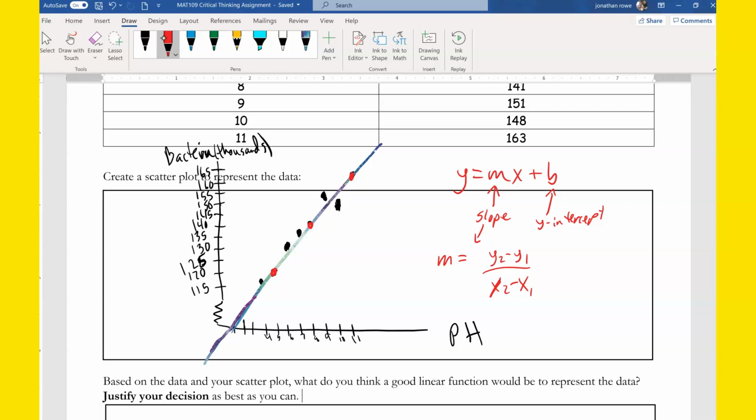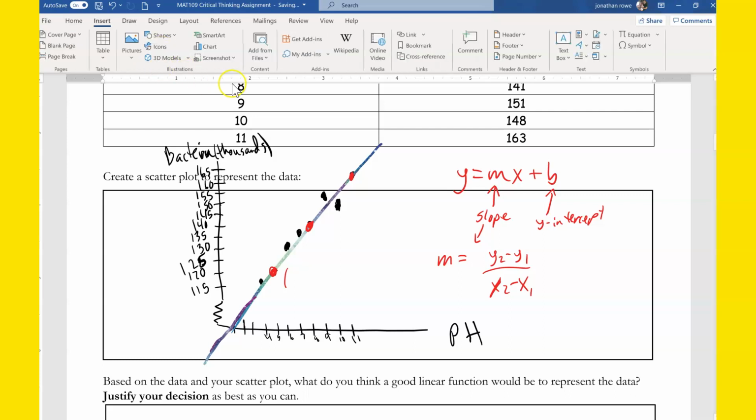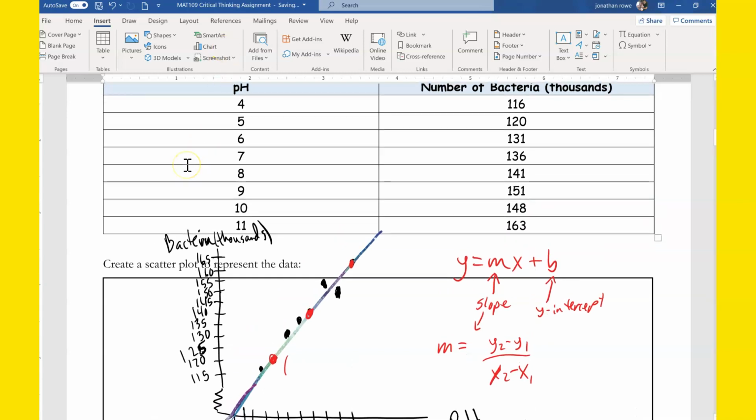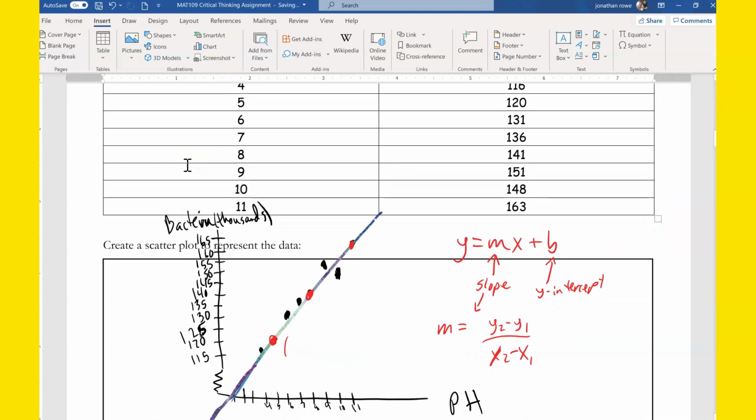So I think I'll just use this one and this one, I guess. So what are those points? I have to try to remember what that point was. That was the point 5, 120.